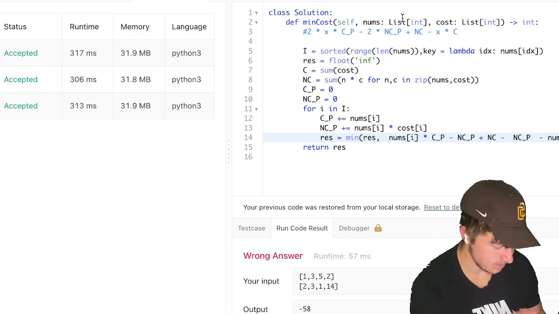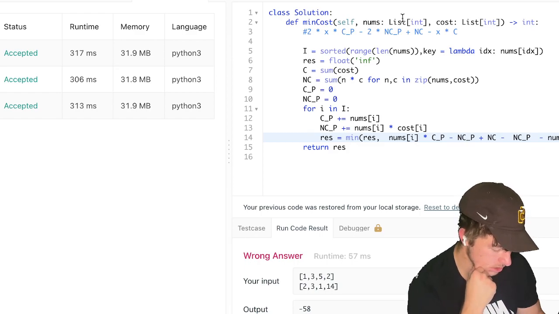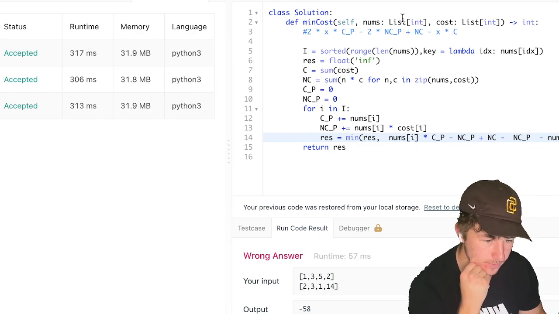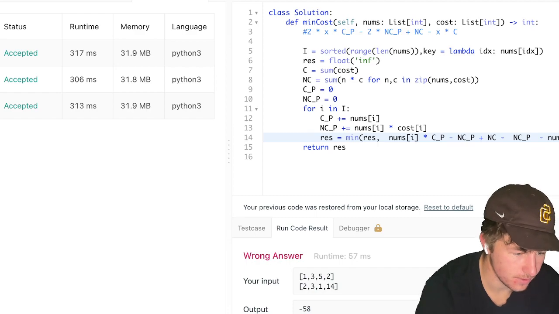So I have 2xc prime, that's this right here.